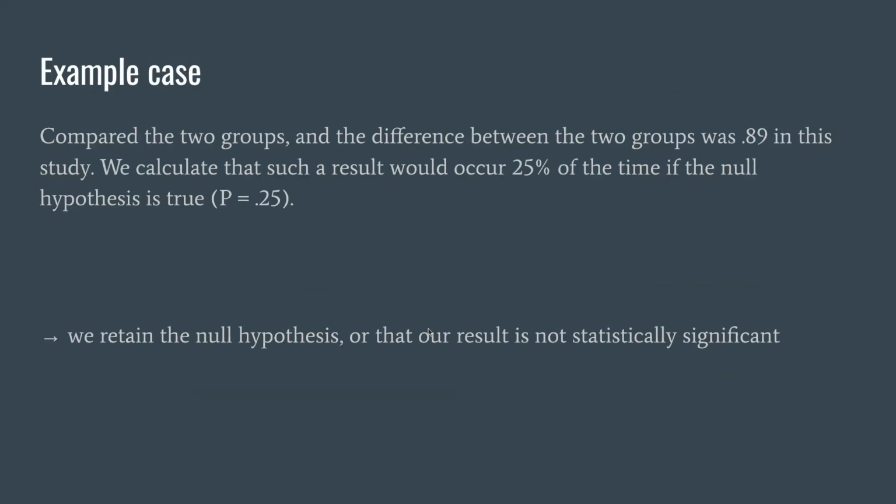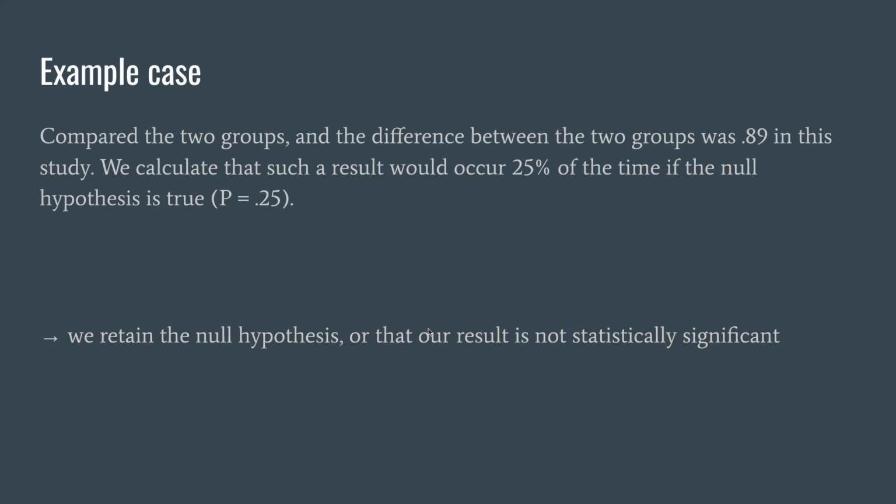Here's an example case. Let's compare the two groups, and the difference between the two groups was 0.89 in the study, and you calculate that a result would occur 20% to 25% of the time if the null hypothesis is true.